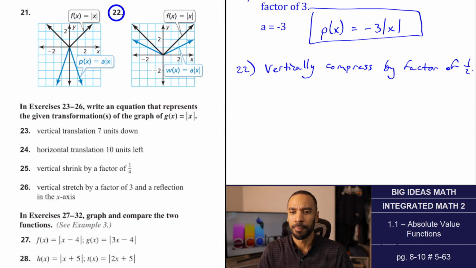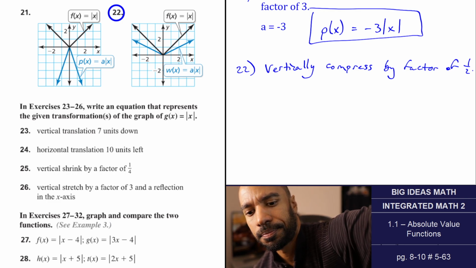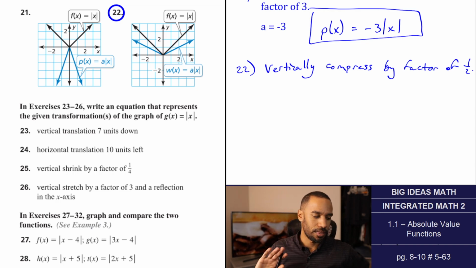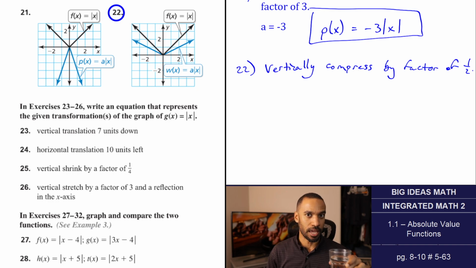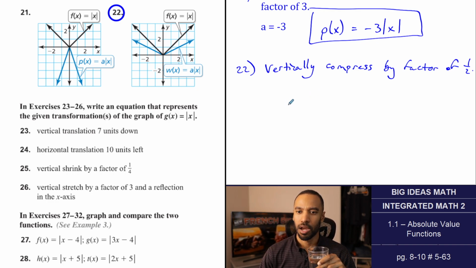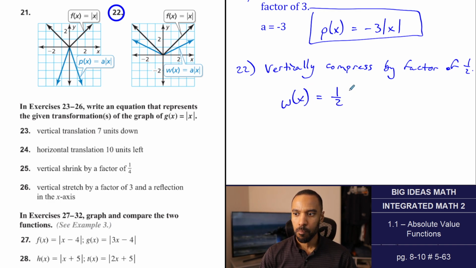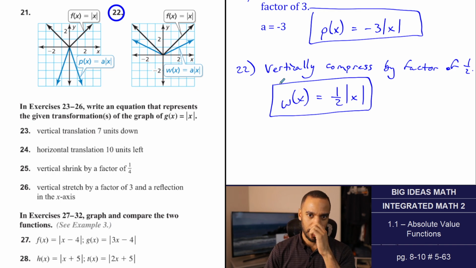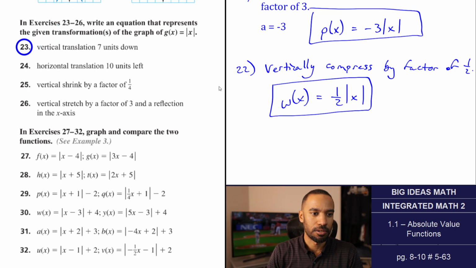You know what I mean? I don't know. The fact that we're saying compression is just a courtesy. The 1 half factor is the A value. That's how I want to say it, basically. All right, anyway, there's no change in, once again, the vertex on that. Okay, see, it's the graphing that slows me down normally.